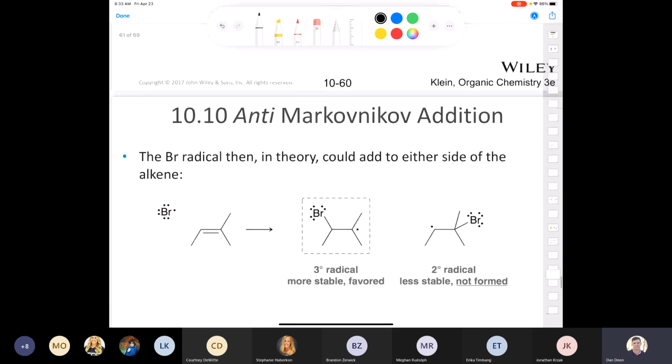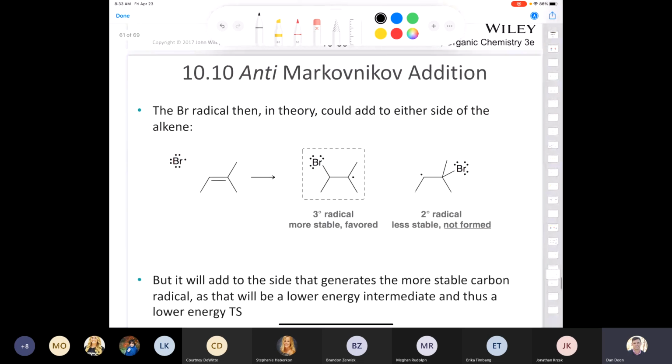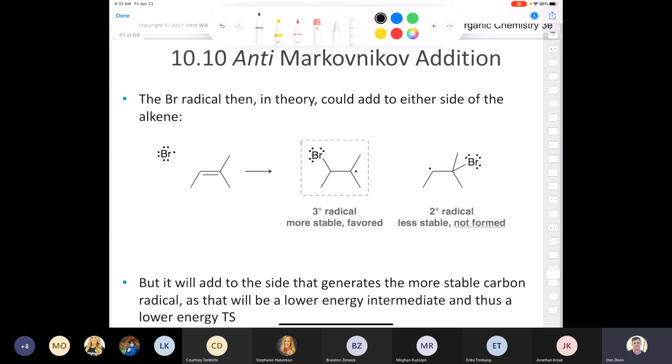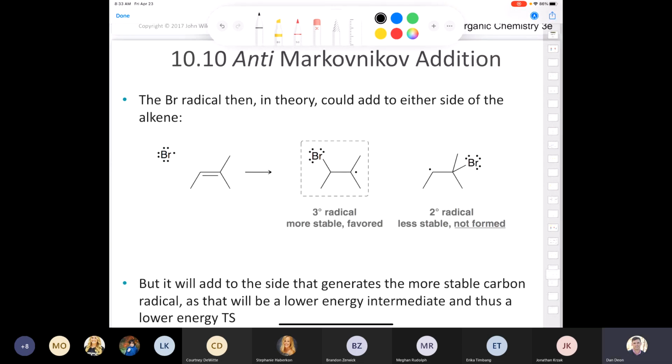So here's how the anti-Markovnikov addition works. And this is why we get anti-Markovnikov addition. Watch carefully. If we have our pi bond and we have our radical, right, we're going to form a radical intermediate by the addition of a radical to a pi bond, right? This is one of the mechanisms that we looked at during the last class.